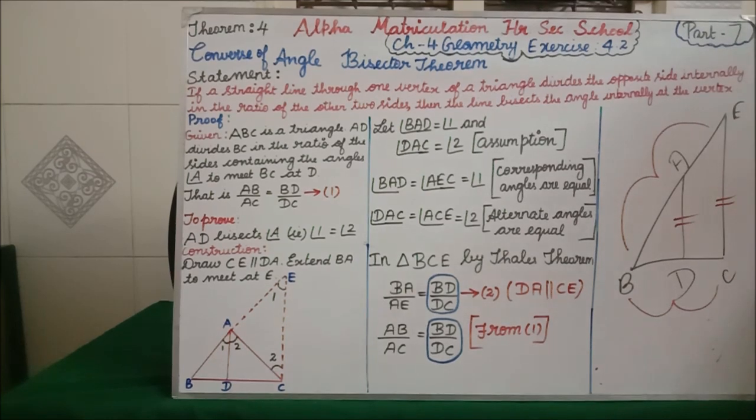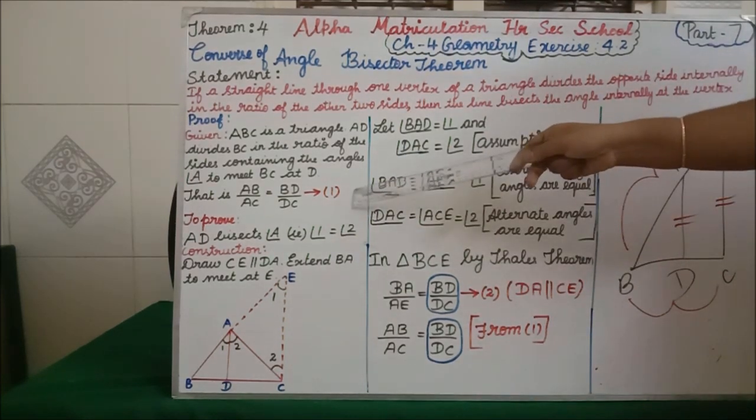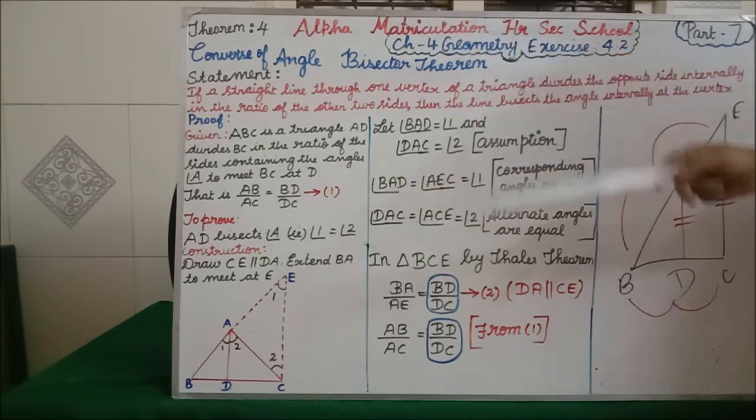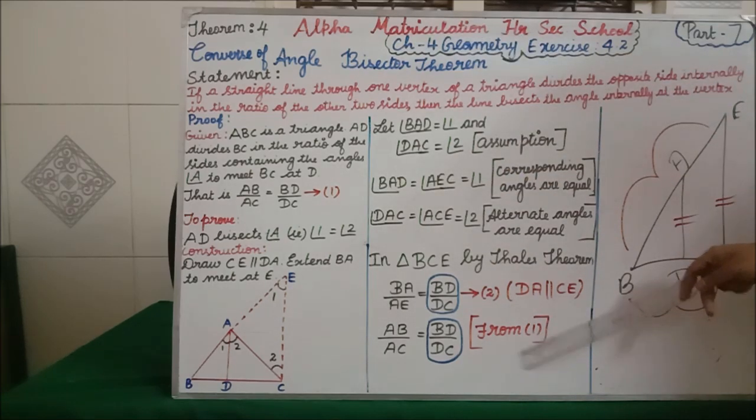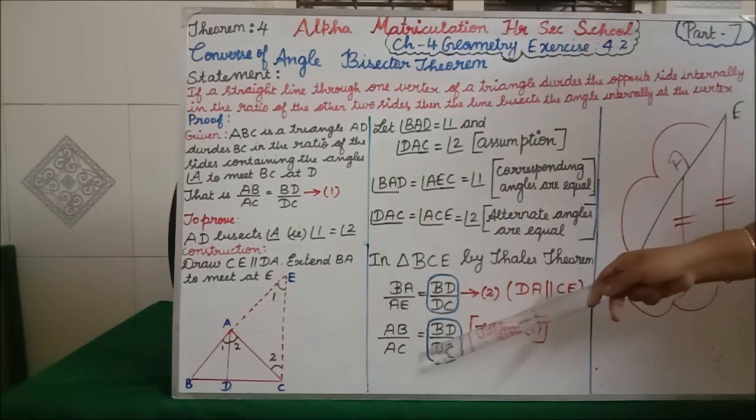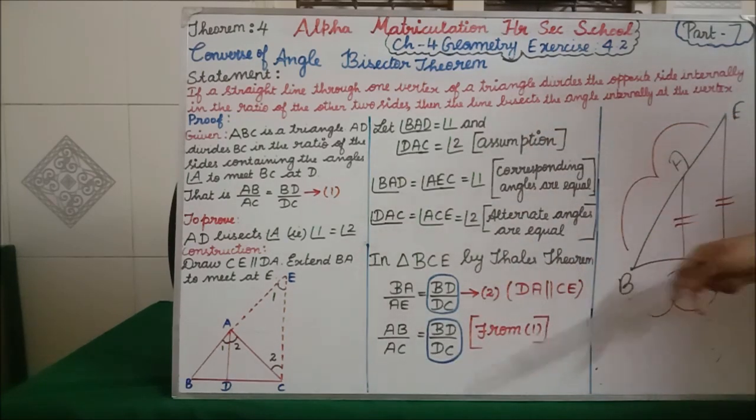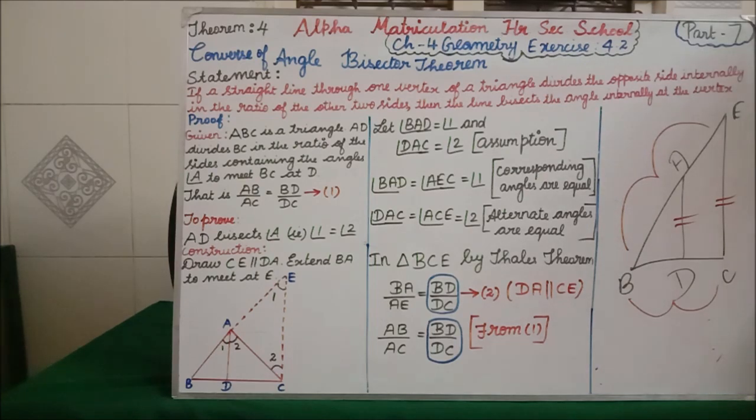Next we are writing equation 1. We have already written equation 1, isn't it? Okay, one more time I am writing here from 1: AB divided by AC equal to BD divided by DC. Now students, compare: this is equation number 1, this is equation number 2.